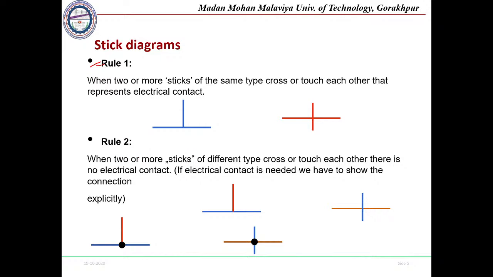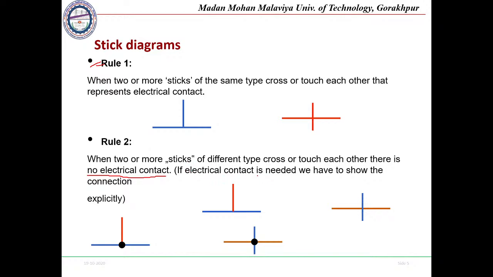When two or more sticks of different type cross or touch each other, there is no electrical contact. One thing to note: if two different color lines are touching each other, it will not be considered an electrical contact. So here there is no contact. Here also it is of two different types, and there will be no electrical contact.